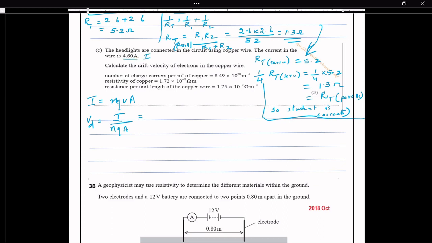Then the number of carriers per unit volume, so the number density n is given. Then the resistivity is given. Resistivity of copper is 1.72, and the resistance per unit length of the copper wire is also given.